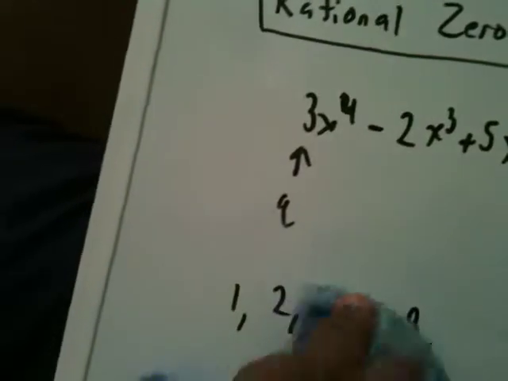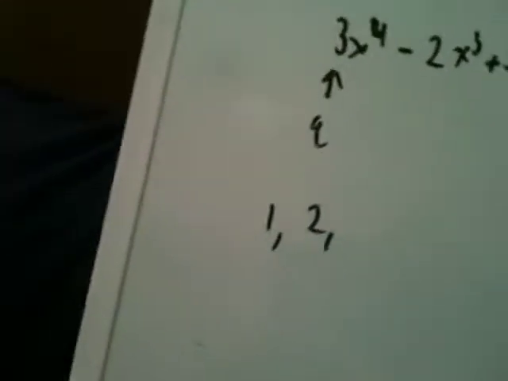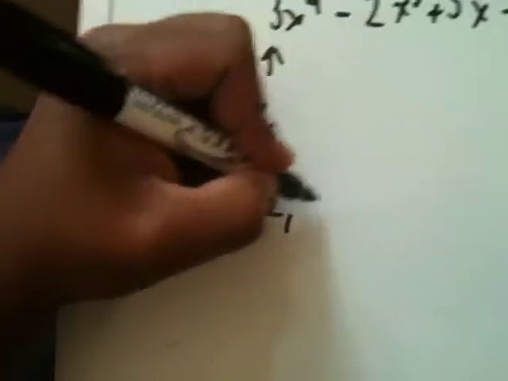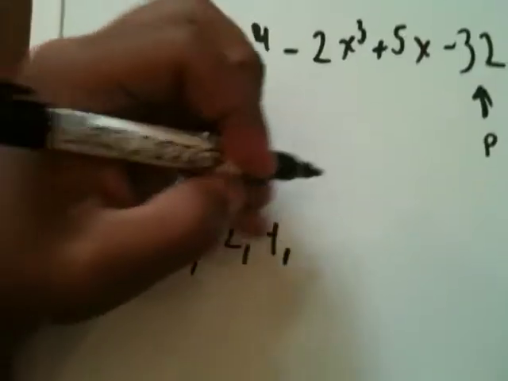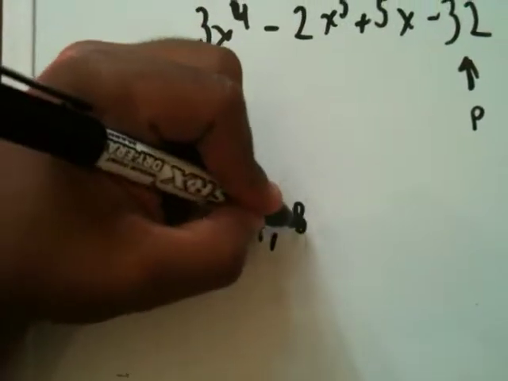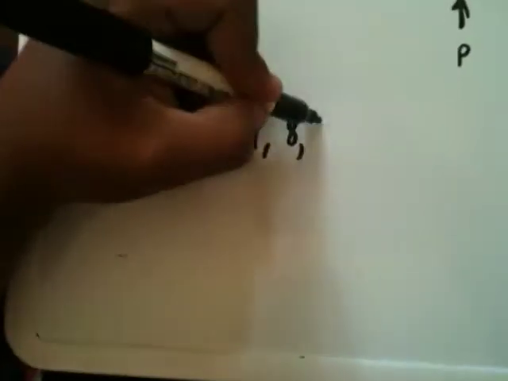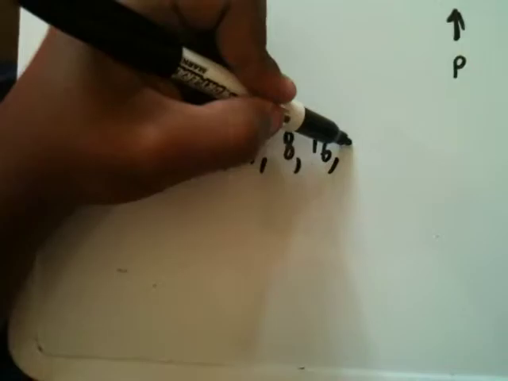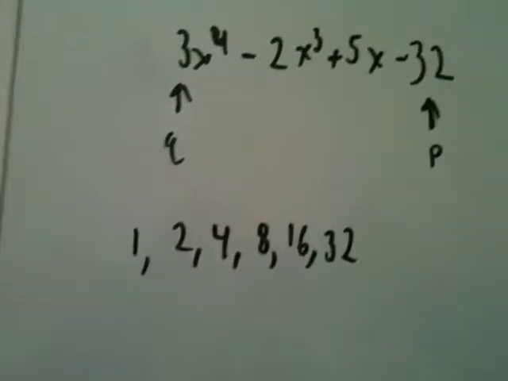It's summer. This is why if you don't use it, you lose it. And this is where bad math comes in. So, 1, 2, 4. It's not divisible by 6. 8, 16, and 32. It's just powers of 2.